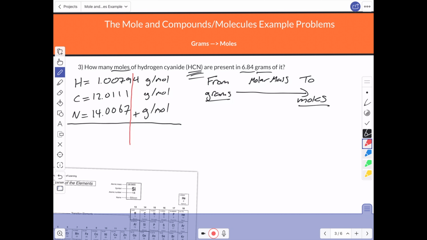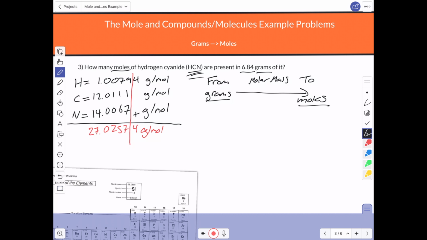Sig figs always matter. 14.0067 plus 12.0111 plus 1.00794. And I get a molar mass of 27.02574 grams per mole for hydrogen cyanide.